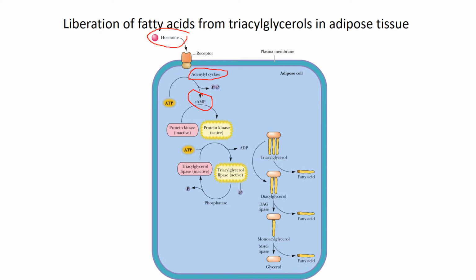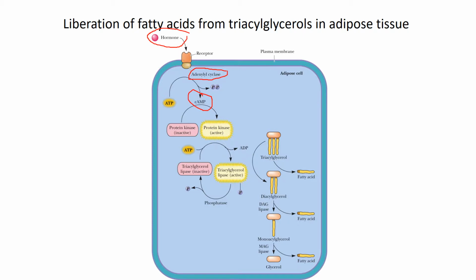So once this is activated, we are going to begin hydrolyzing those fatty acids from triacylglycerols. So it will hydrolyze either C1 or C3 of triacylglycerols. There are then subsequent hydrolysis reactions.